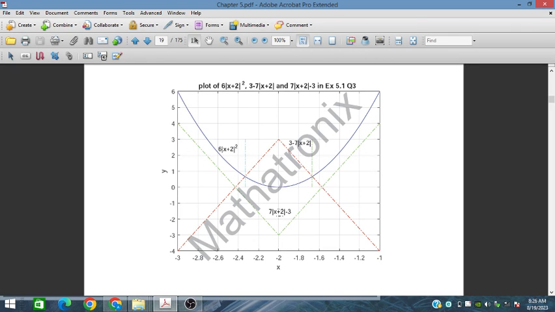Because x is equal to minus 2, this is minus 3, since the modulus value will be 0 at minus 2, and then the value will be minus 3 at that time. Similarly for 3 minus 7 modulus of (x plus 2), this curve is on the other side.